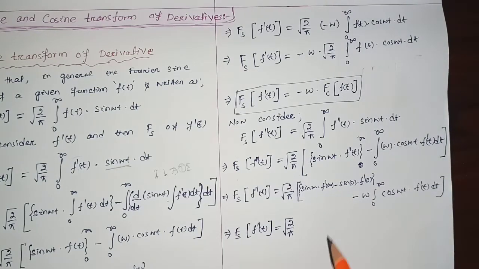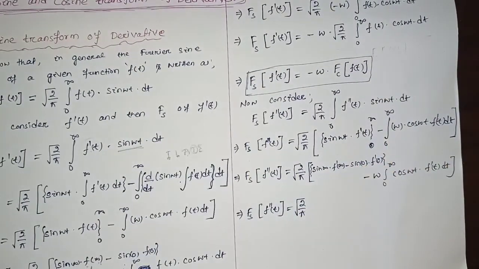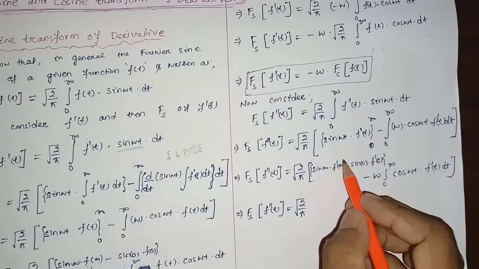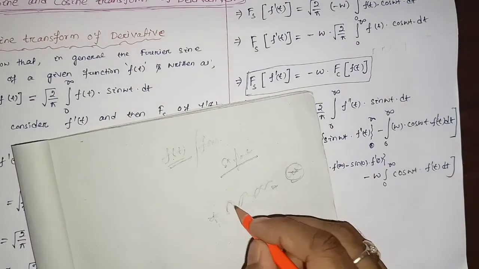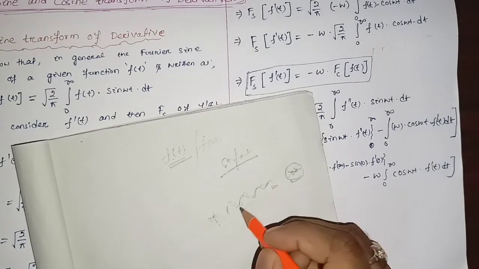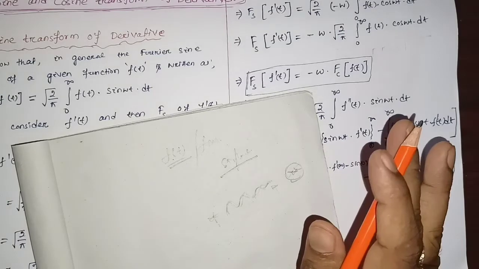See, as I told, the function f(t), in the case of the Fourier transform, Fourier cosine transform, or Fourier sine transform, is considered a signal. Signal means a sinusoidal wave, and that wave is fully continuous, at each and every place it is continuous.